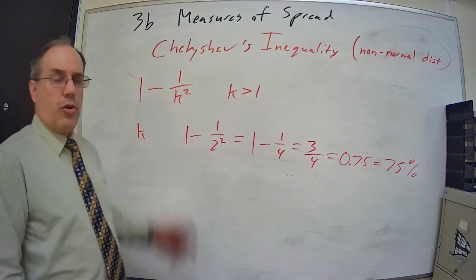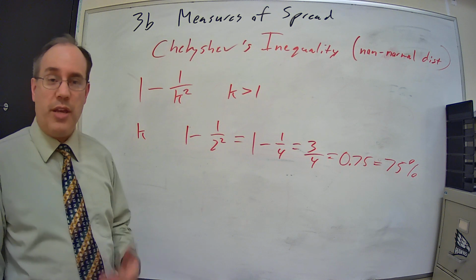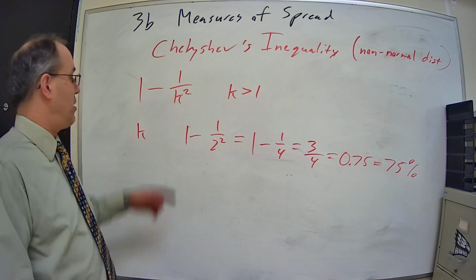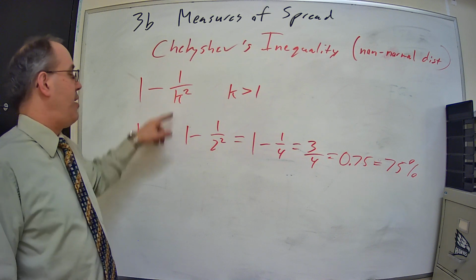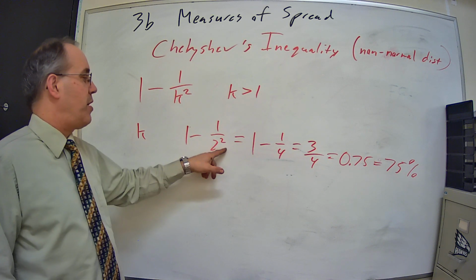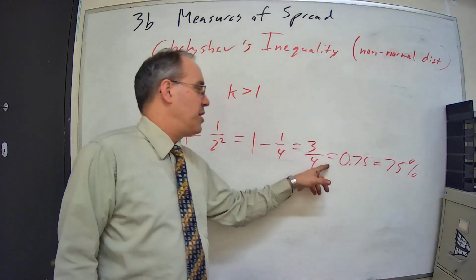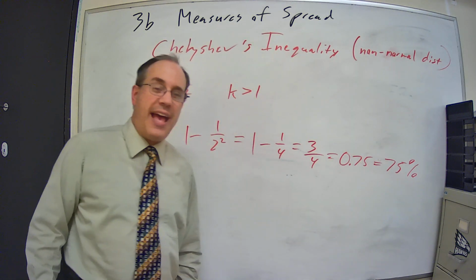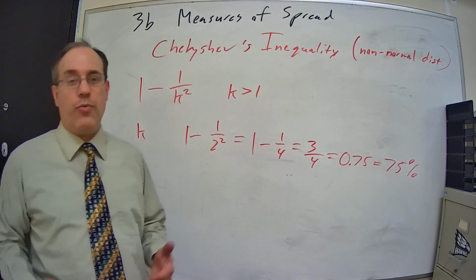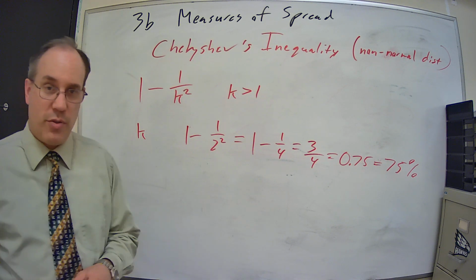So at least what percentage of data is within 2 standard deviations of the mean for any distribution? So Chebyshev said that at least 75% of the data will be within 2 standard deviations of the mean, no matter what distribution you're dealing with.